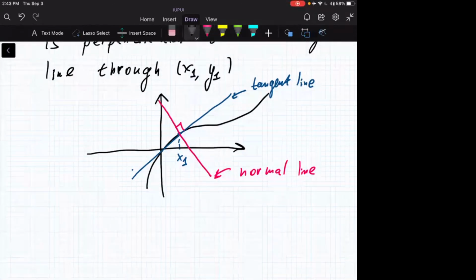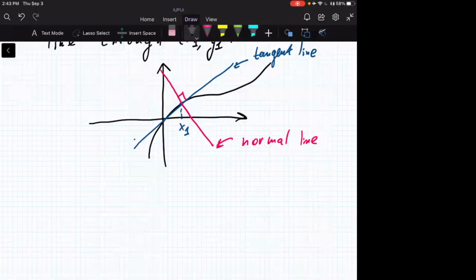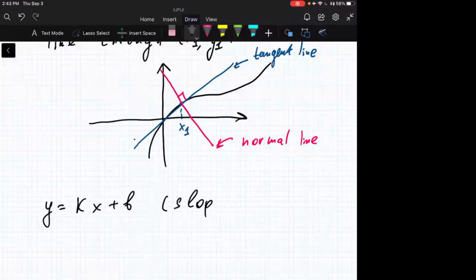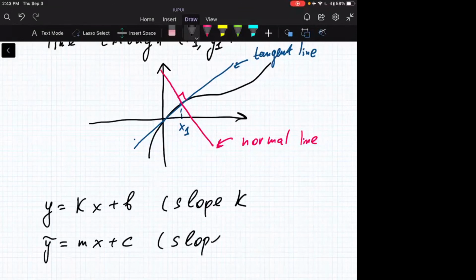And the point is that, this is a fact from geometry, if you have one line, say kx plus b, with slope k, and another one, say mx plus c, it doesn't matter, so the slope is m.